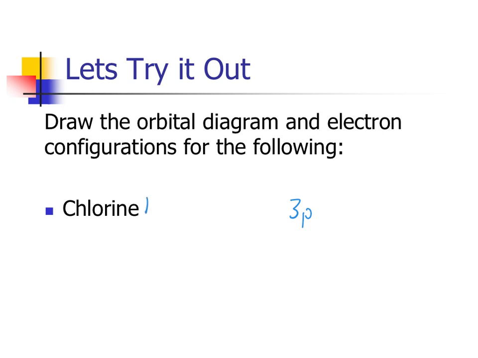I need to start with 1s regardless. I can fill them as I go. 1s2, 2s2. Why can I put the full number there? Because I know it ends farther down the line. Okay?